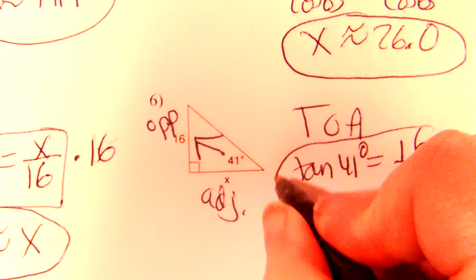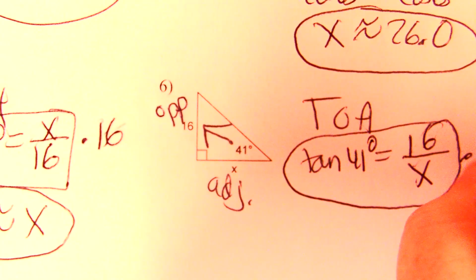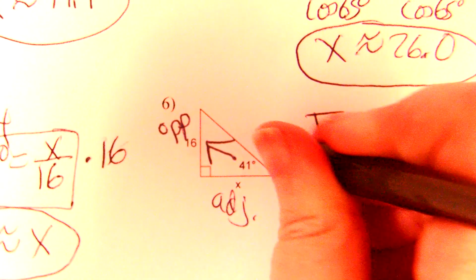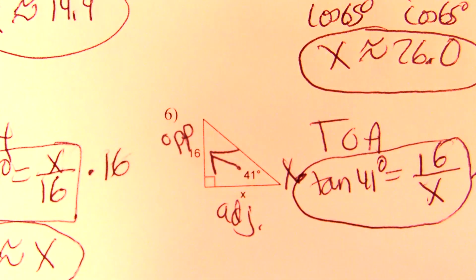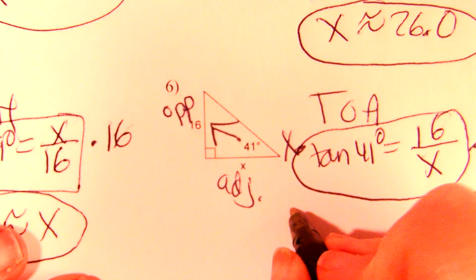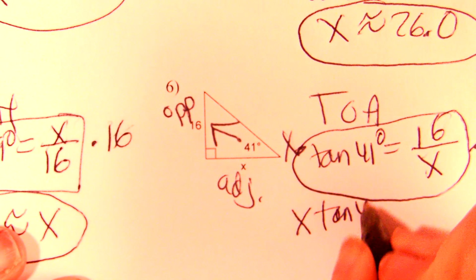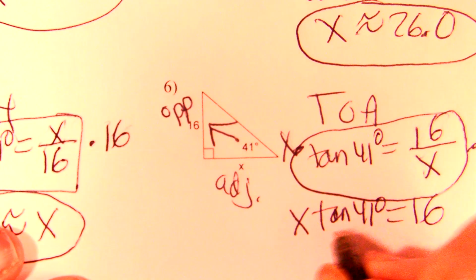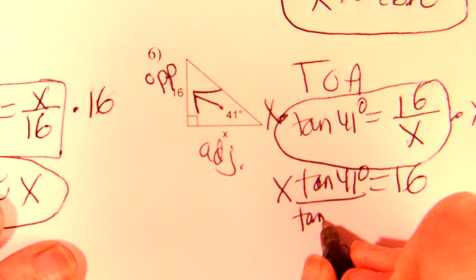Make a box. Multiply by x, multiply by x. X tangent 41 equals 16. Divide by tangent 41.